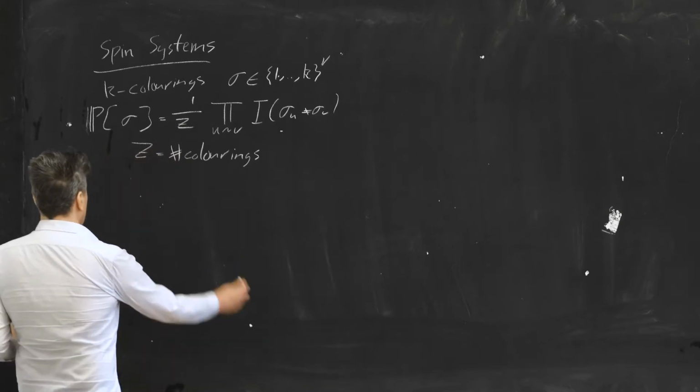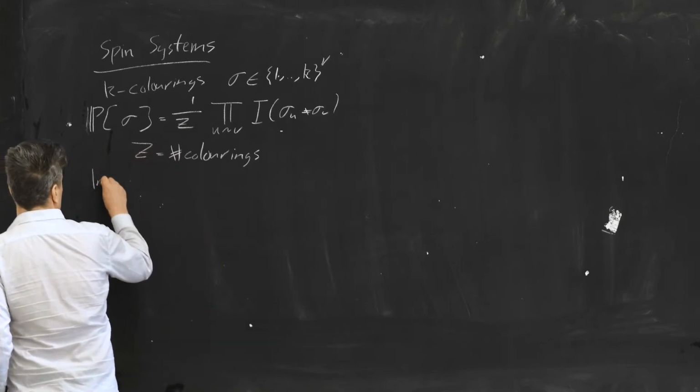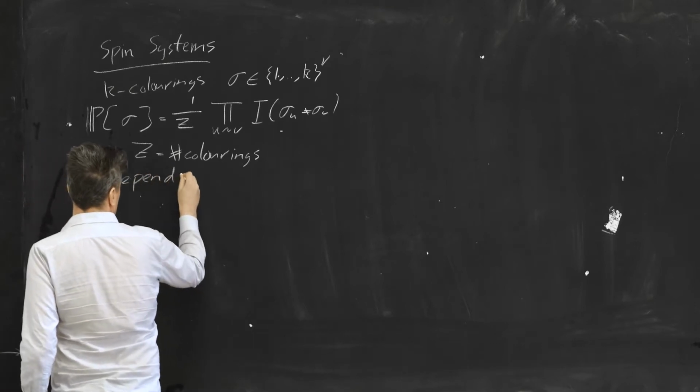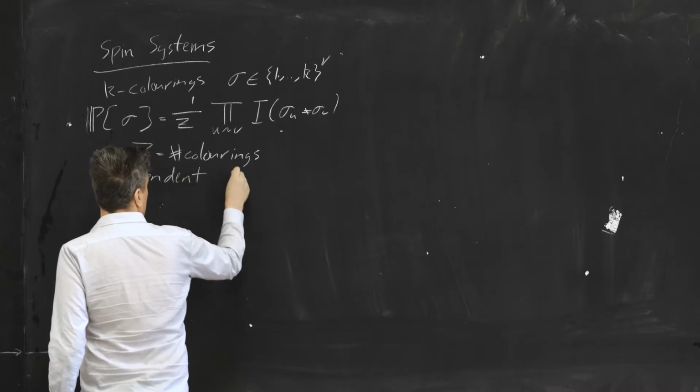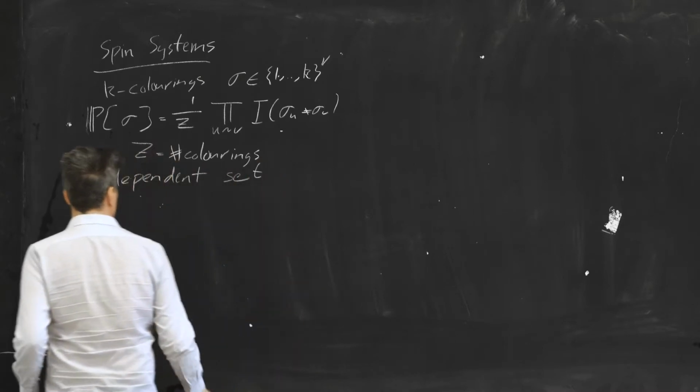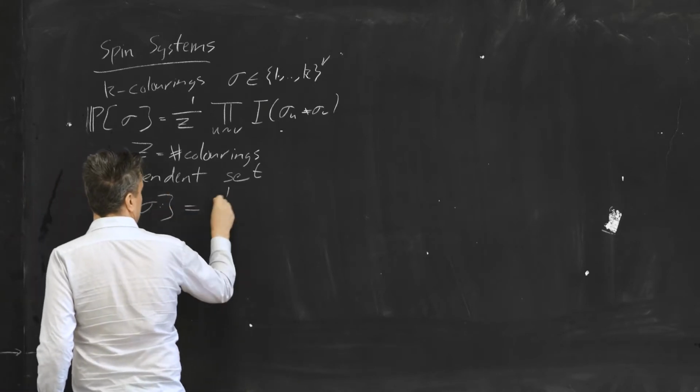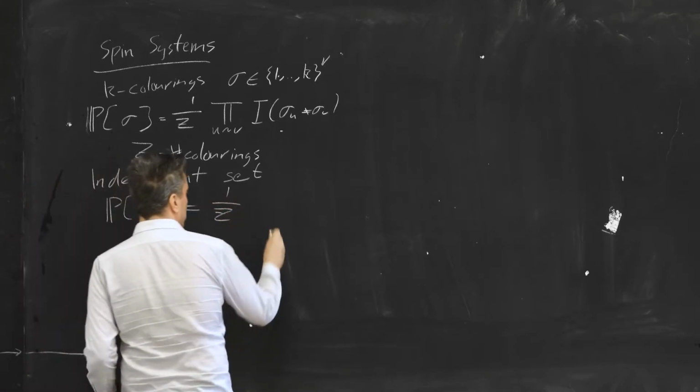If I was looking at independent sets and I wanted a random independent set, I could also write it in a similar product form.